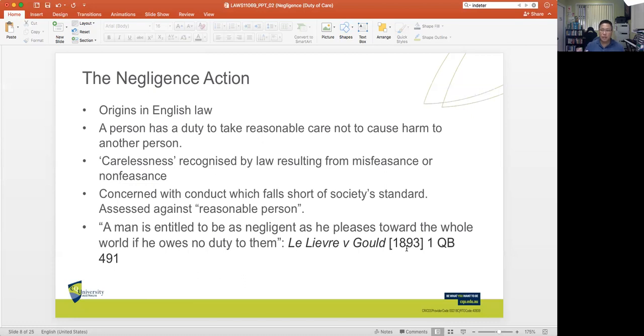So there is an objective standard. It's not based on a standard of who the defendant might be, but on what a reasonable person might do under the circumstances to avoid a harm or injury to another, where there is a duty of care under those circumstances.